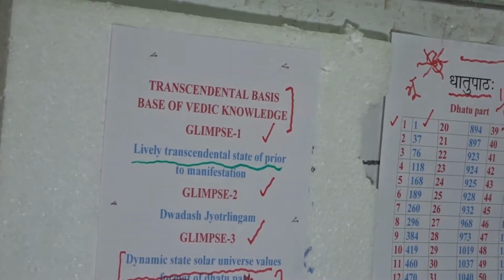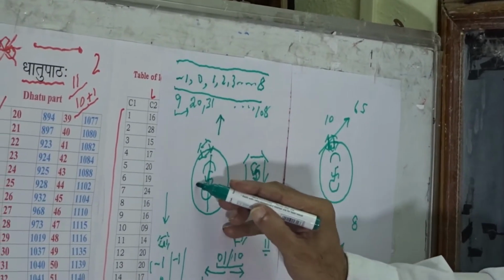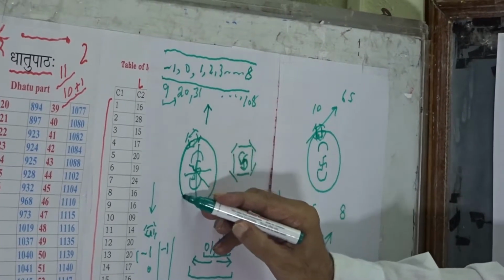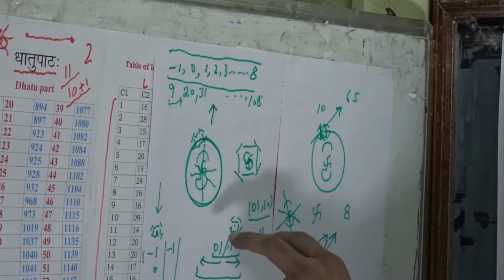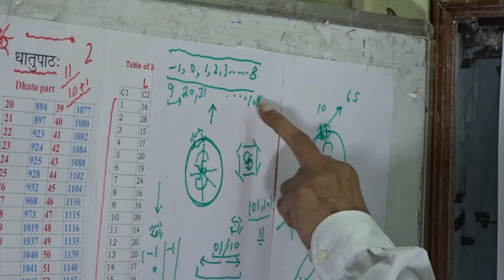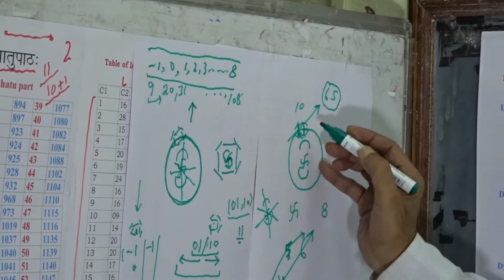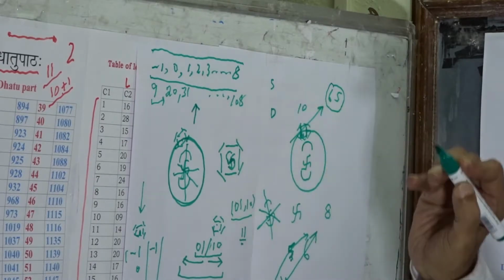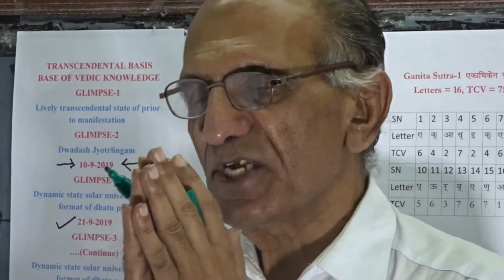So it is this lively transcendental state prior to manifestation, and it is of a solid order. Now when it manifests a creative boundary of 10 components, this creative boundary of 10 components, when strips off, then it dimensionalizes the outer space as a 6 space. So it is this a reach from static state to a dynamic state. We have to reach from static state to a dynamic state.